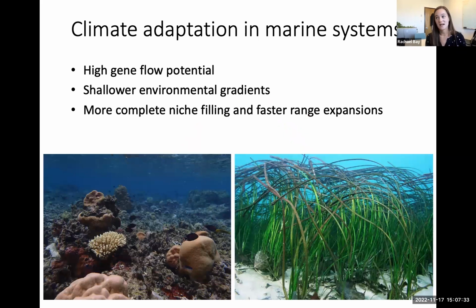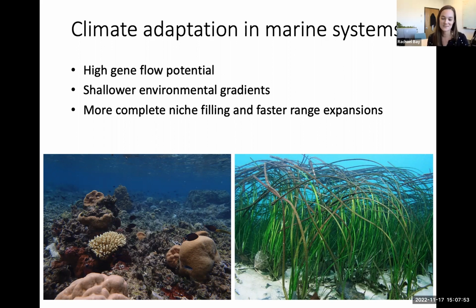My lab works in a lot of different systems. Primarily, we're interested in climate adaptation in marine systems. And I think that marine systems are particularly interesting because there's reason to believe that adaptation might work a little bit differently in many marine systems than it does in terrestrial systems.